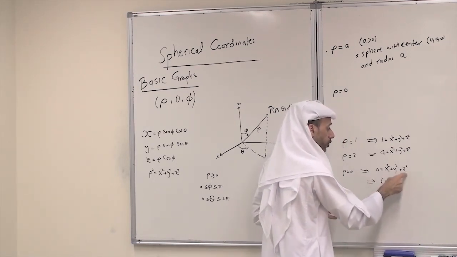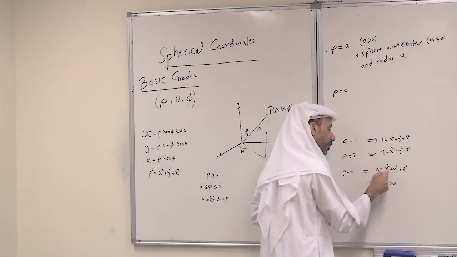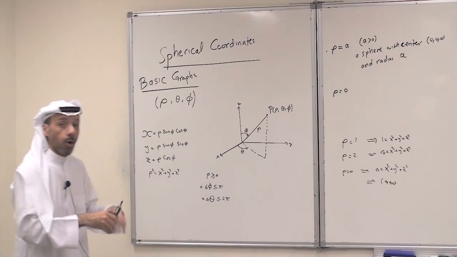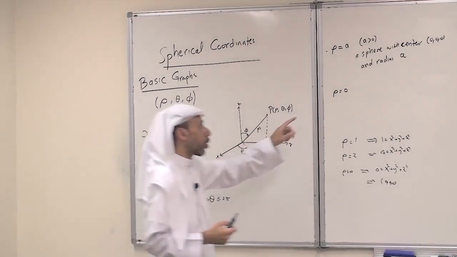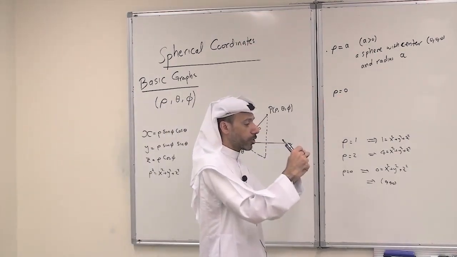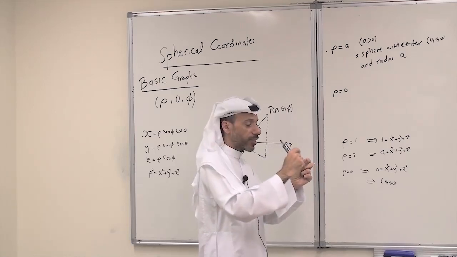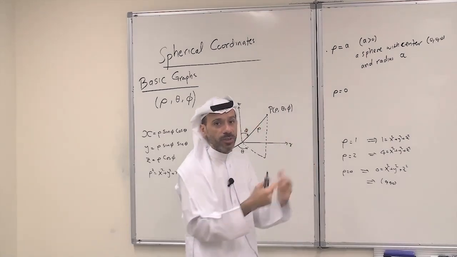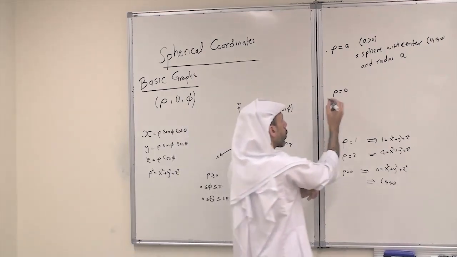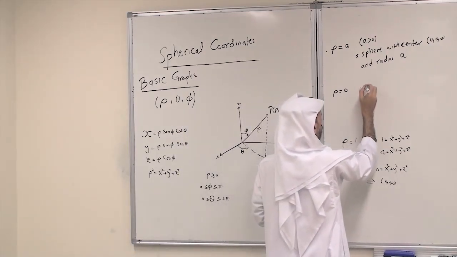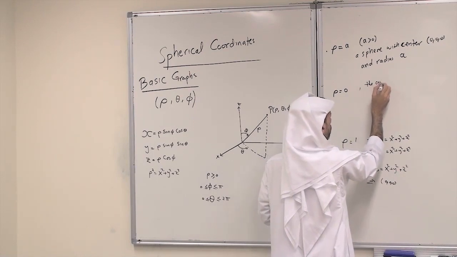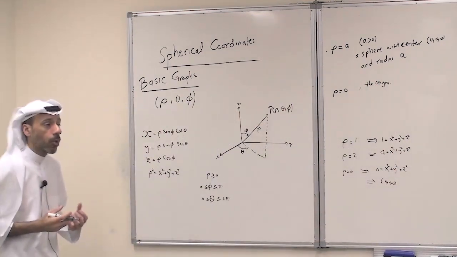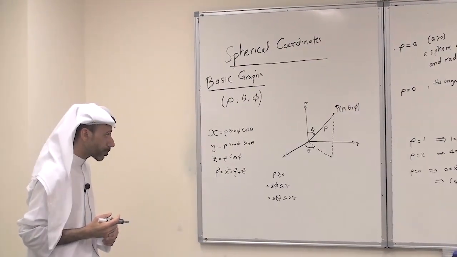If you are adding positive numbers and you get 0, then each one of these numbers has to be 0. Or geometrically, rho is the distance from the origin to the point P. If the distance from the origin to the point P is 0, then P has to be the origin. Here, rho equal to 0 is just the origin. So this is when rho equals a constant.